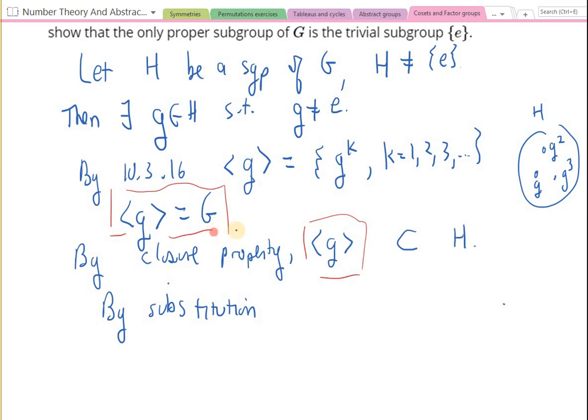All right, so I can replace this with what? I can replace this with what, according to this guy?